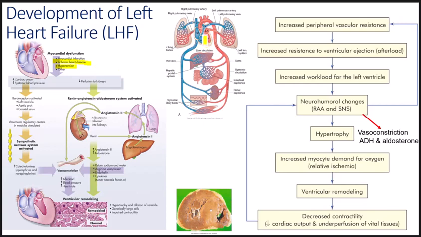It's going to have an increase in afterload, the resistance that that left ventricle must overcome to push blood throughout all of the systemic circulation. So going to this flow chart here, we're starting with increased peripheral vascular resistance. And you can just put in brackets here, let's say atherosclerosis causing high blood pressure.